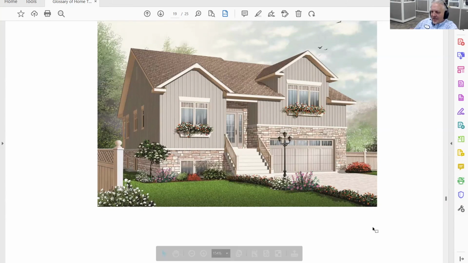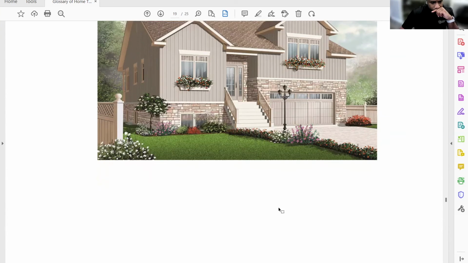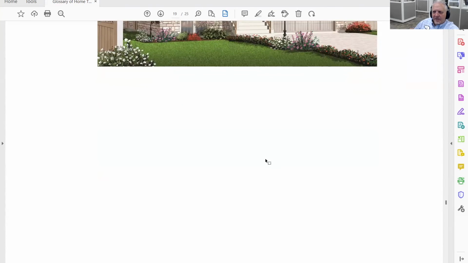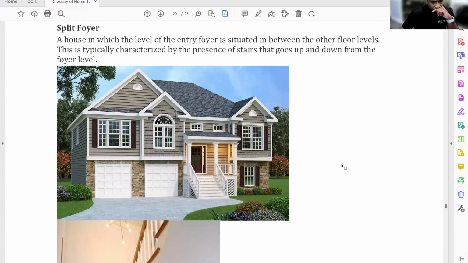A daylight basement, I think, is a general term that refers to the fact that the basement gets a lot of light, and it has an area, typically in the back of the house, that opens up to its own terrace level. Okay, that makes sense? I don't know that I would call that picture a daylight basement, but that wouldn't mean a listing agent wouldn't call it a daylight basement because it's got a lot of bright light that shows in through windows.